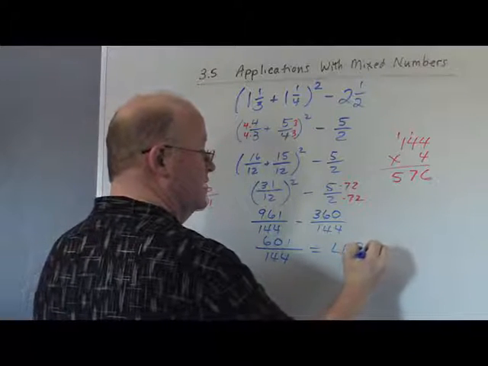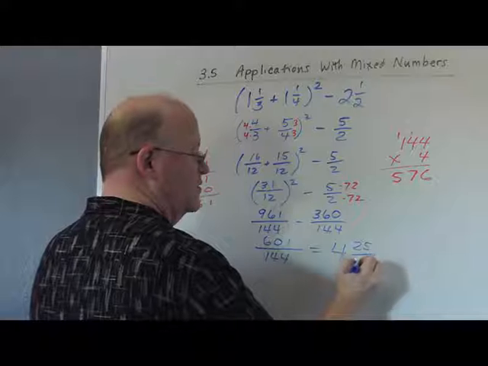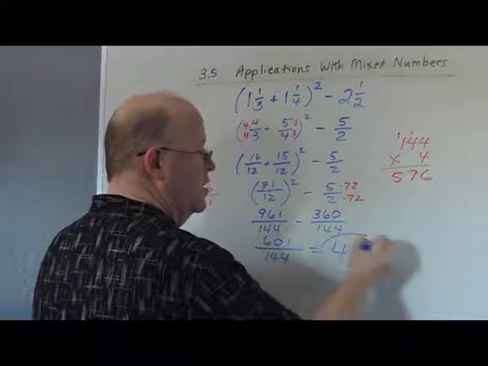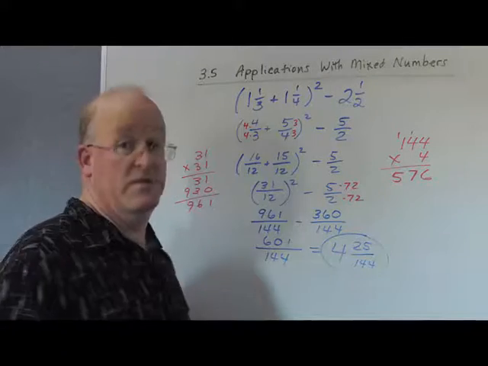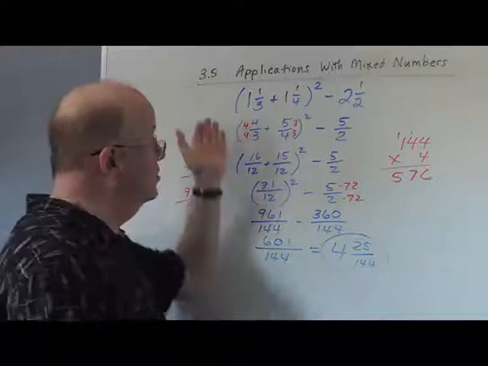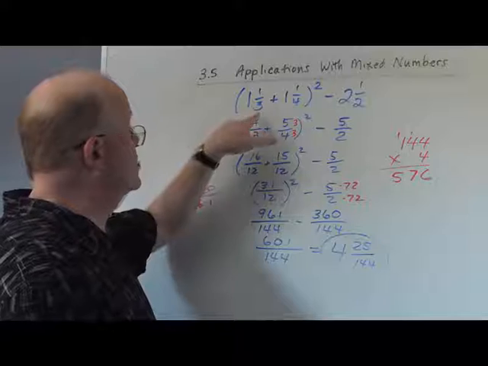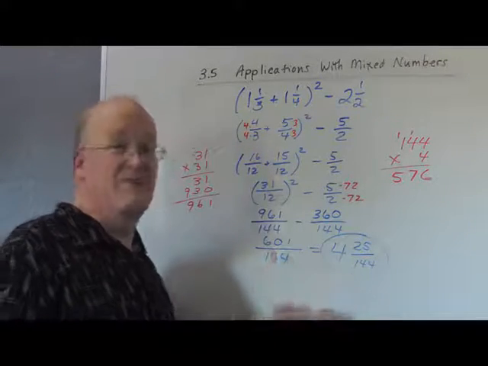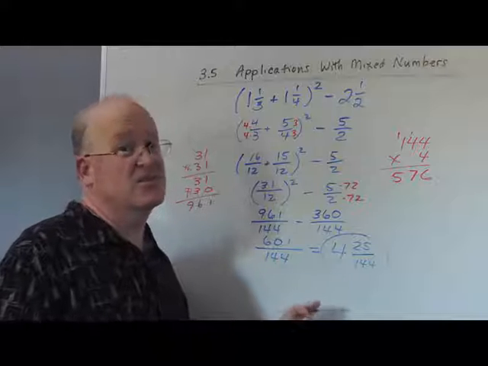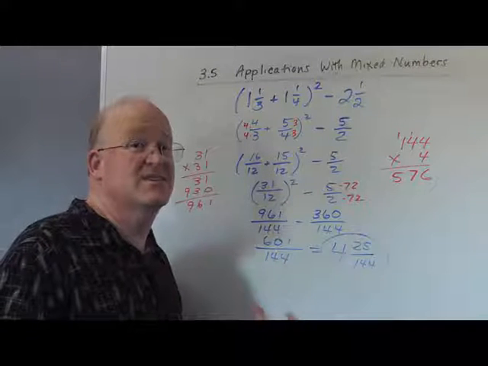So there will be 25 left over 144. Whenever you are dealing with order of operations with mixed numbers or multiple operations, even though the original denominators were just 3, 4, and 2, you can see how messy this gets. So this section really does take some time.